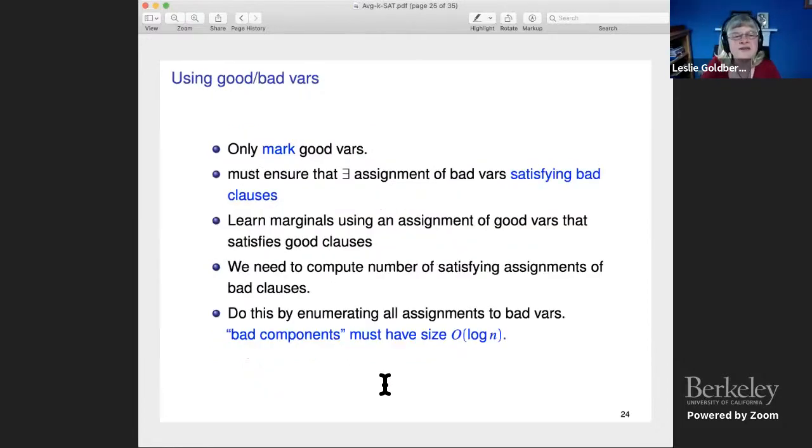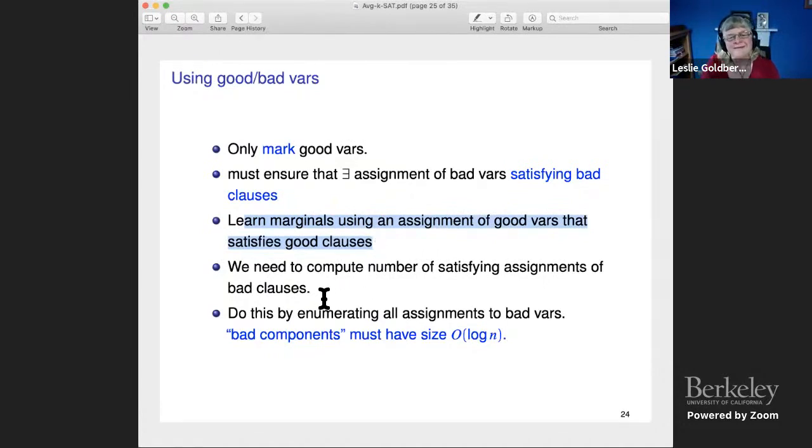Okay, so what is our goal? What we're going to do is we only mark the good variables. And we can still use the Lovász local lemma again to show that we can mark the good variables in such a way that the good variables satisfy all the good clauses. We have to ensure that there exists an assignment of bad variables that satisfies the bad clauses, because there's nothing else to satisfy those. We're going to compute the marginals of the good variables using a method sort of like Moitra's.